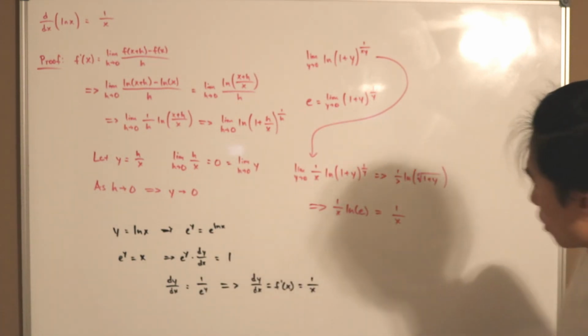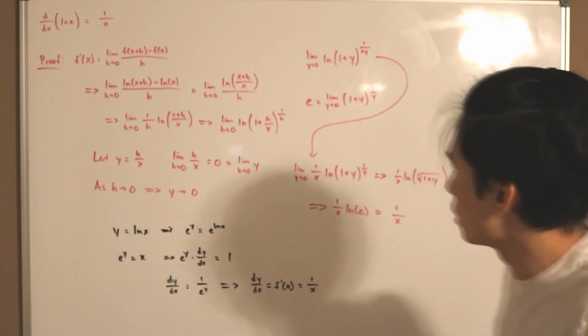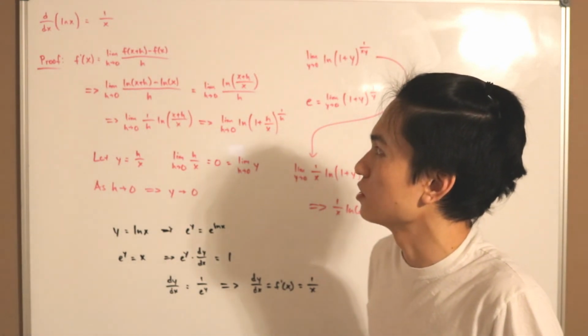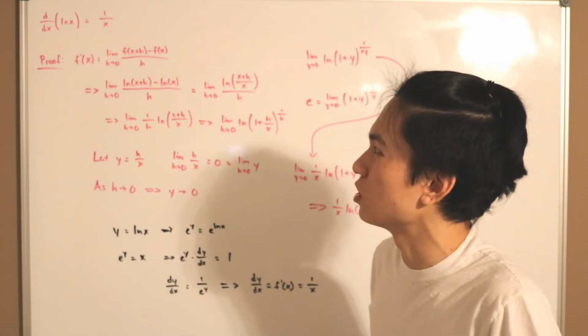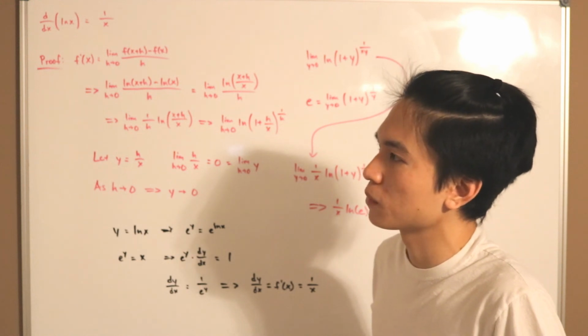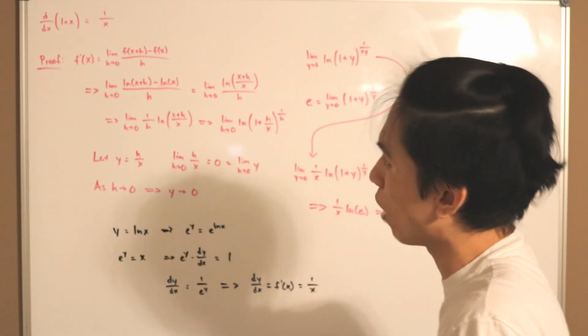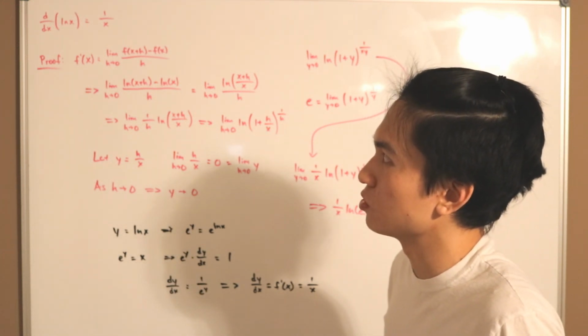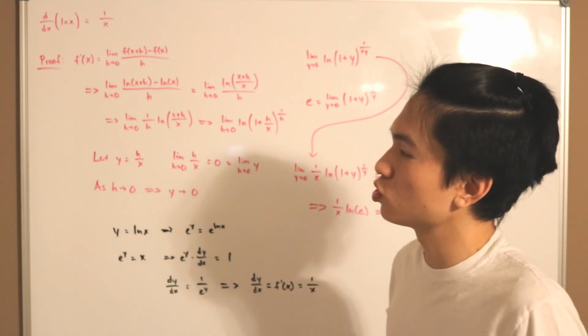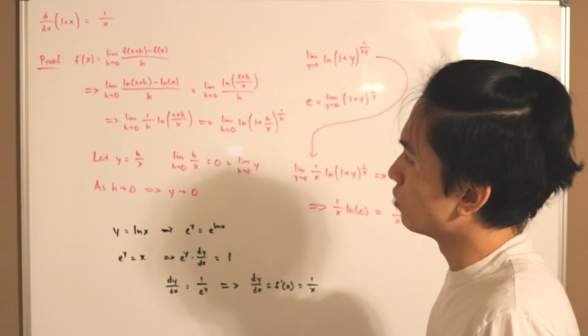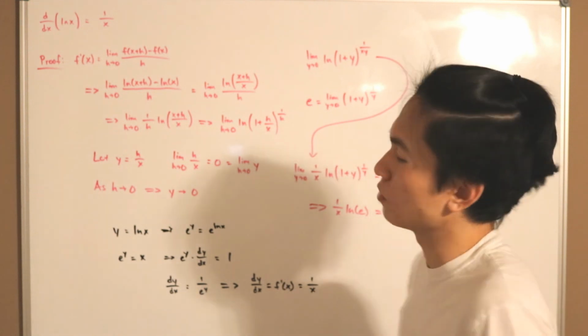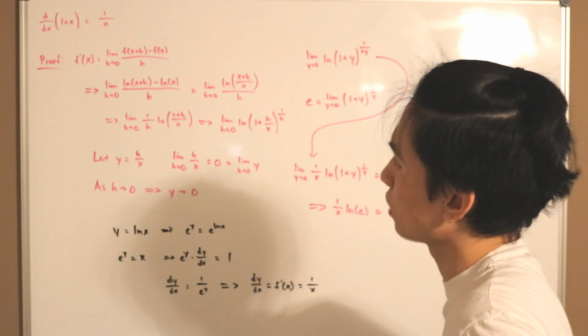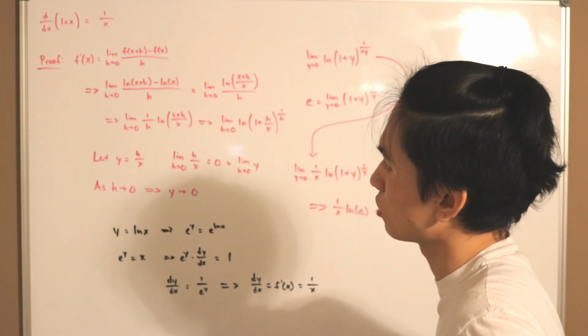I don't remember when I took introductory calculus in high school that we were given the rundown or the proof of why the derivative of the natural log of x is equal to 1 over x. I remember learning proving trig functions using the definition of the derivative, but I don't think we learned anything using natural log.